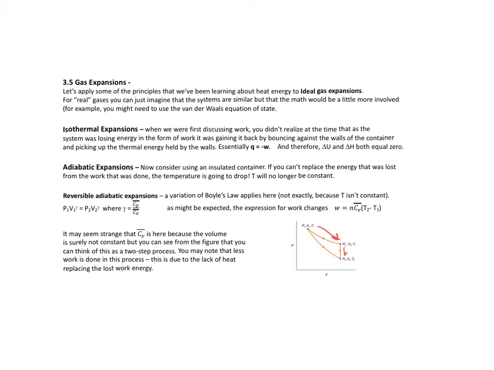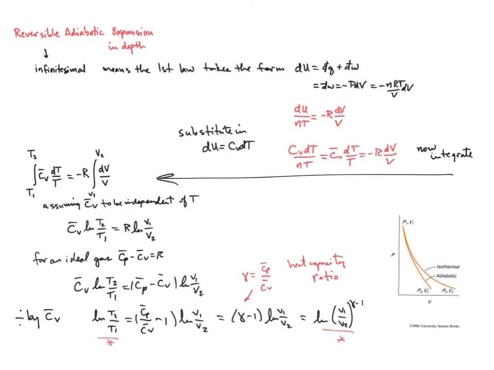You may note that less work will be done in this process eventually, and that makes sense because you're not replacing any energy into the system from the walls of the container. So you can't get extra energy out because of that energy introduction.